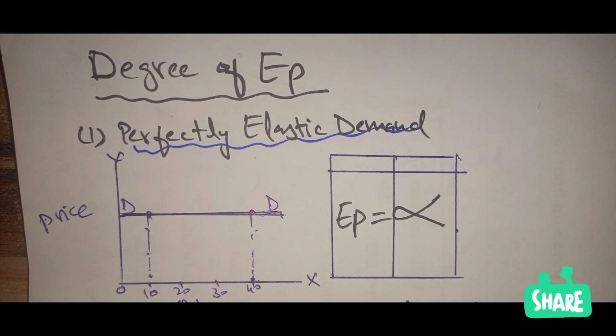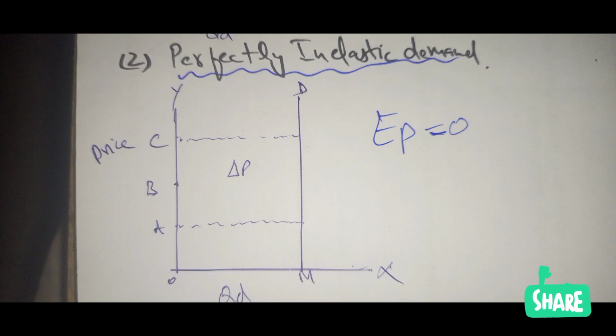For example, if the price of sugar is 150 and the price increases even a penny, its demand will be 0, or a small decrease in price leads to infinite change in the demand. So we can say that EP, price elasticity of demand, is equal to infinite.